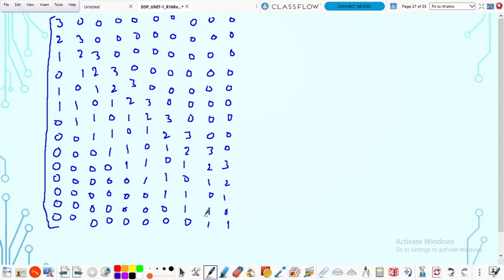So again rotating here, the starting sample is 1, 1, 0, and again rotating circularly in anti-clockwise direction, we get 1, 1, 0, 0, 0, 0, 0, 0, 3, 2, 1, 0.